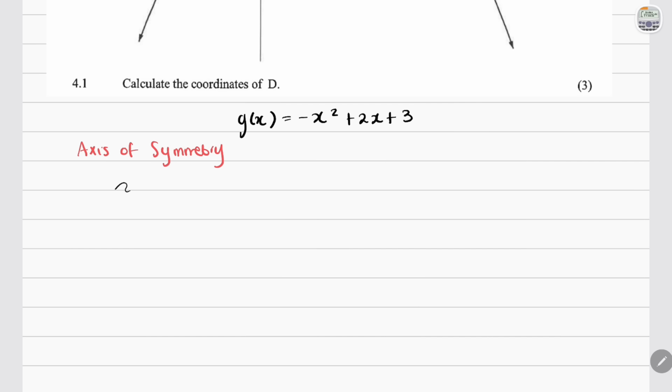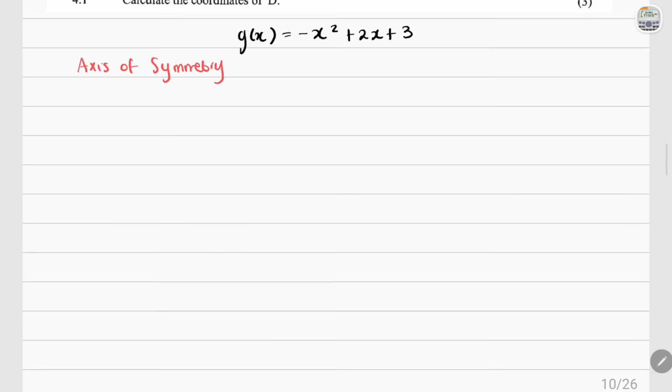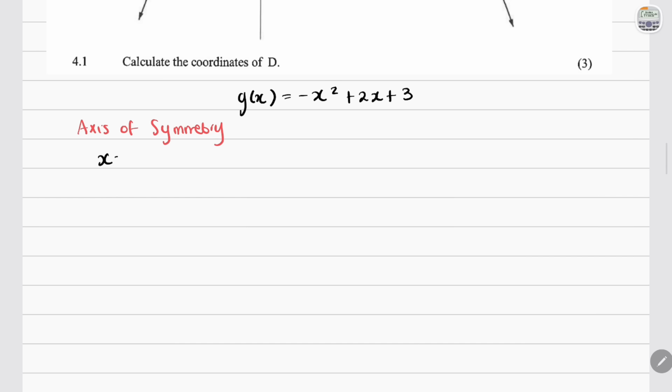You know that the x value of the turning point is x is equal to negative b over 2a. And then you just substitute. So this is negative b, which is negative 2, over 2 times negative 1. A is negative 1, and so x is equal to negative 2 over negative 2, which is 1.